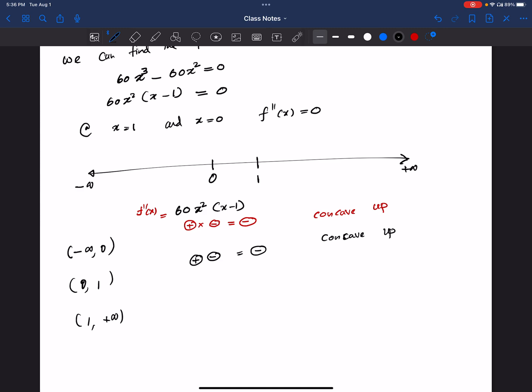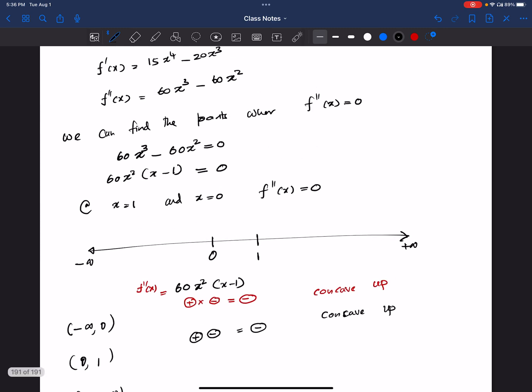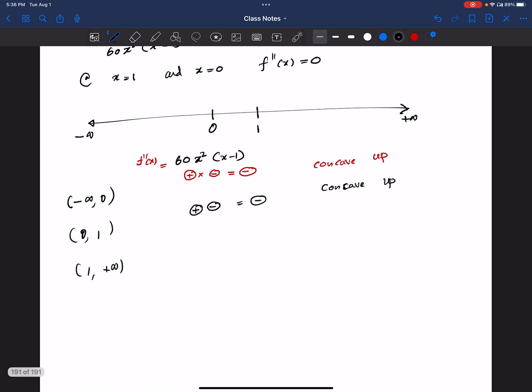And then we can find a number which is greater than 1. Let's find 2. Number 2, the first term here is positive anyway. When you put 2, this number is also positive. Positive times positive times positive is positive.